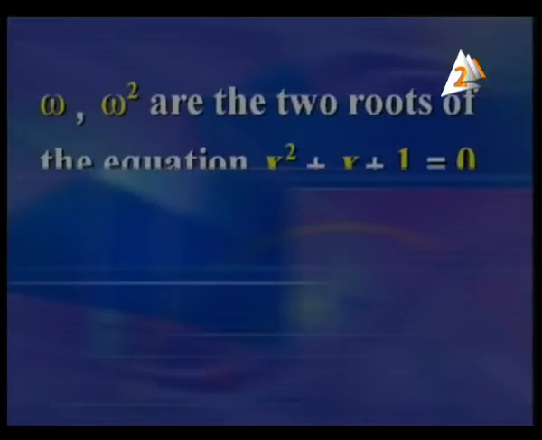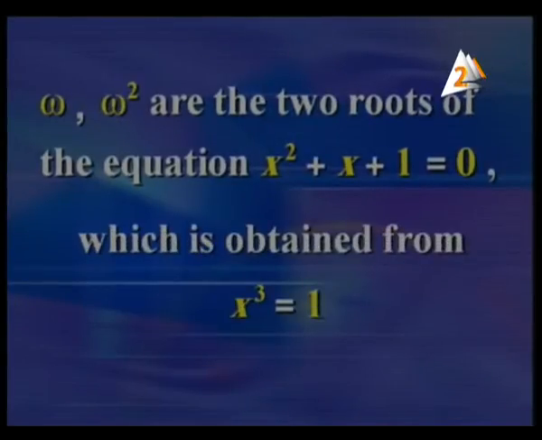Another proof. Let omega and omega squared be the two roots of the equation x squared plus x plus 1 equals 0, which is obtained from x cubed equals 1. When we have x cubed equals 1, this is a cubic equation. x cubed equals 1 has three roots. One of them is 1, and the other two roots are omega and omega squared.